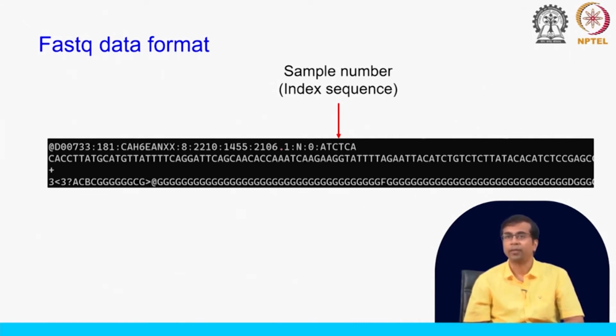Remember, this index sequence is there when you add the adapters. During adapter ligation you can have this index sequence, and it allows you to add multiple samples in one experiment, which we call sample multiplexing. So this gives you the index sequence.